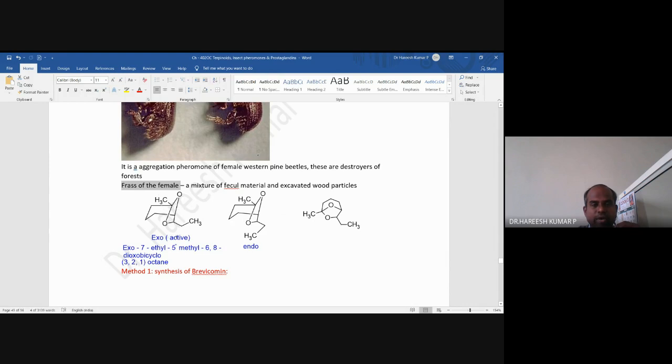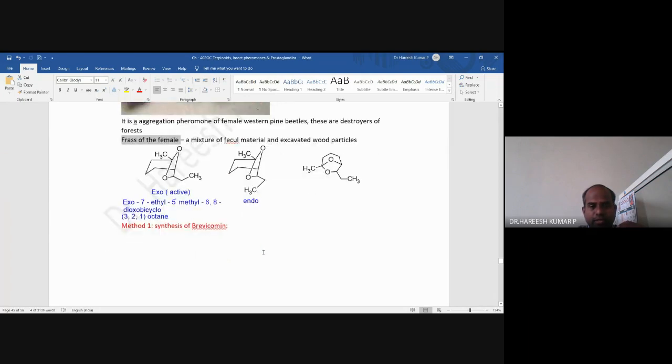Total number of carbons present in this compound is octane. So this will be the IUPAC nomenclature. Sometimes if you are asked a question in IUPAC nomenclature, you should be able to recognize that this IUPAC name is nothing but Brevicomin.